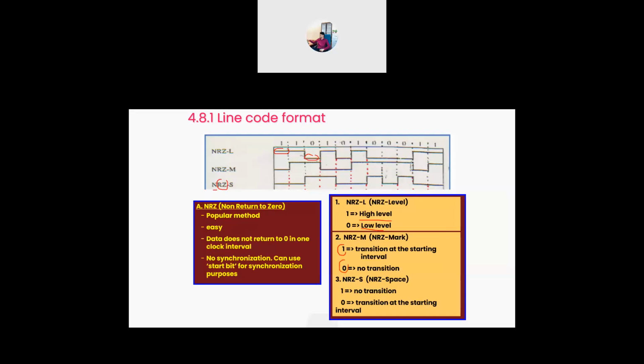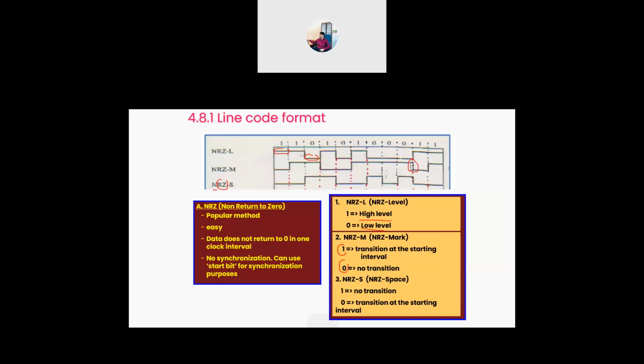Not sure if you can see it clearly. For the non-return to zero mark, for zero we don't have any transition. However, if we have one, we're going to have a transition at the starting of the interval. So this is your NRZM, there's a bit transition there.